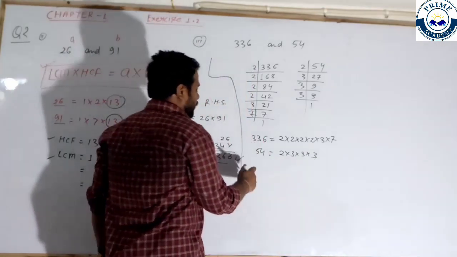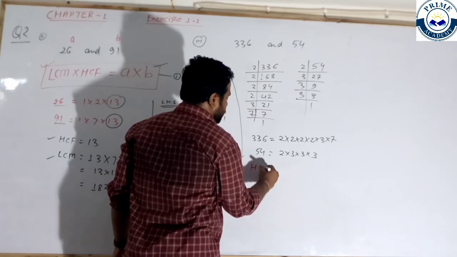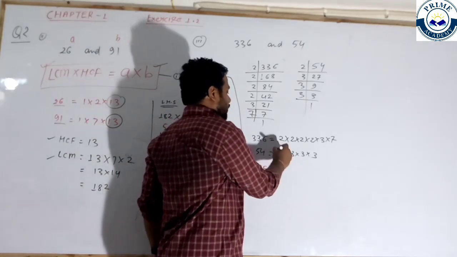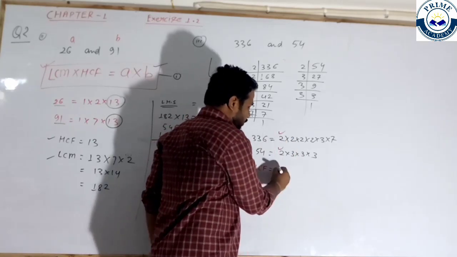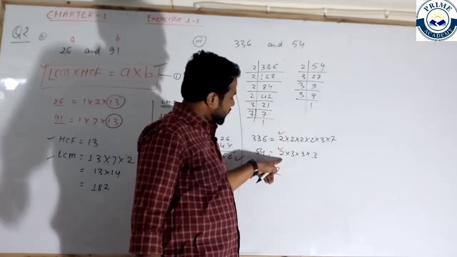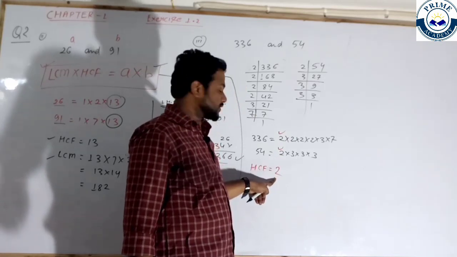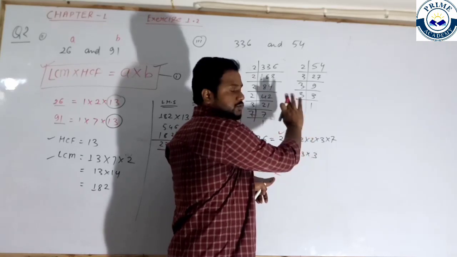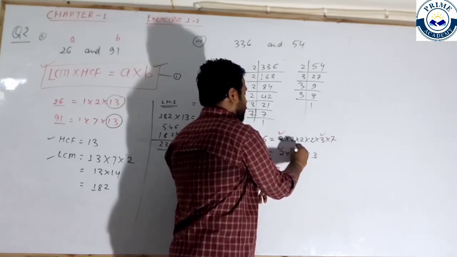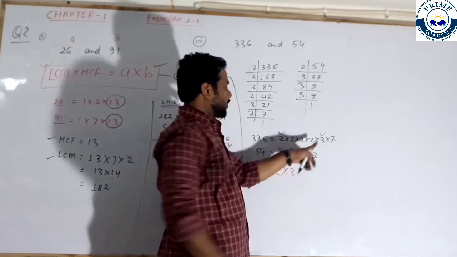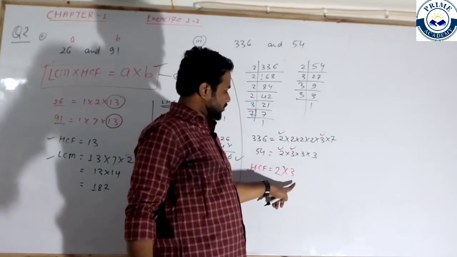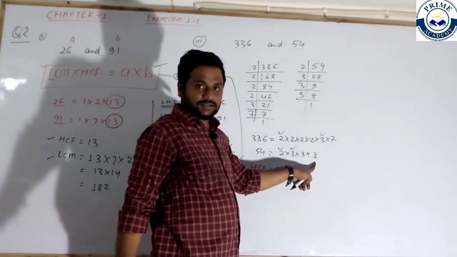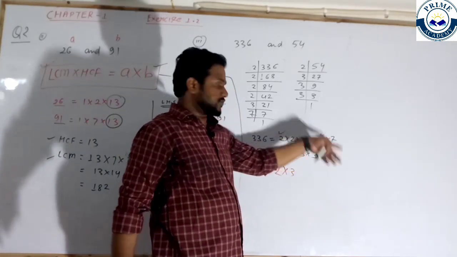So here is HCF. What will be the HCF? You just calculate. HCF means what is common in both the things. What do you get? 2 is common here, just put 2 here. Now see, 2 is here, there is no more 2 in the other, so leave the 2. 3 is common in both the things, just put 3 here. 7, there is no more 7 in this, so leave it.